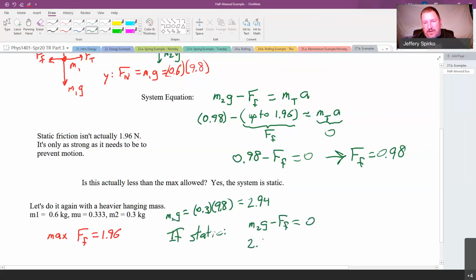So 2.94 minus FF equals 0, which means FF equals 2.94.